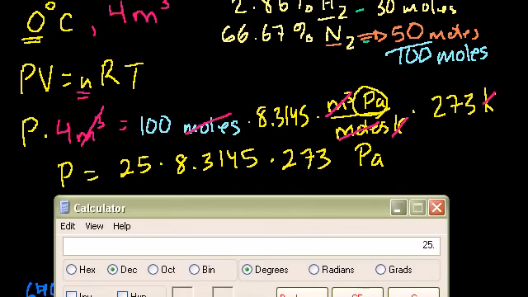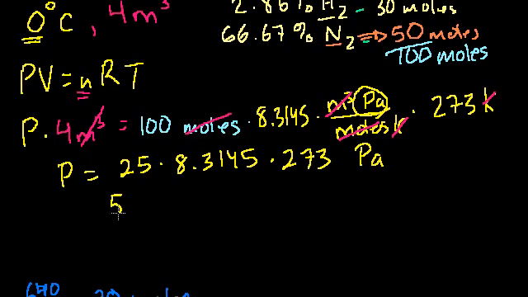25 times 8.3145 times 273 is equal to 56,746 pascals. And that might seem like a crazy number, but the pascal is actually a very small amount of pressure.